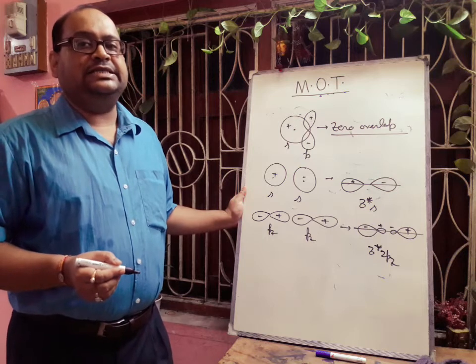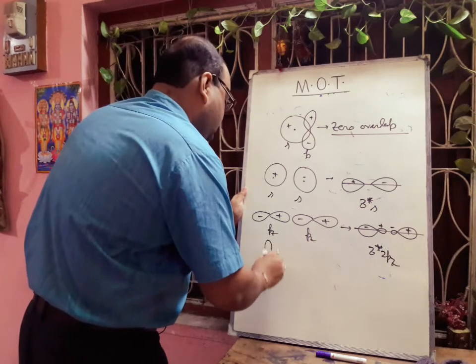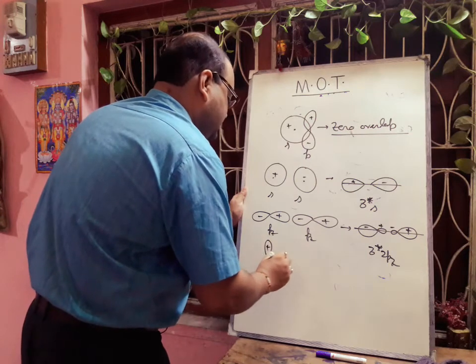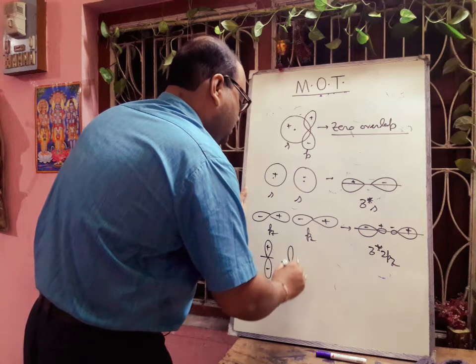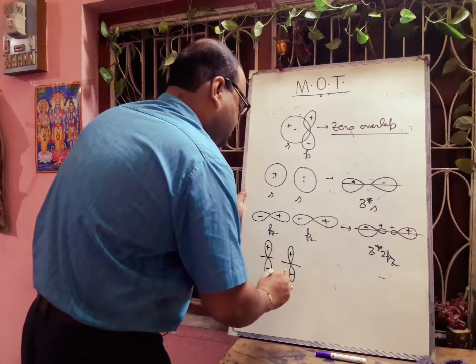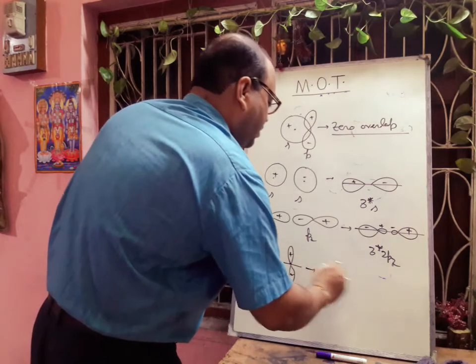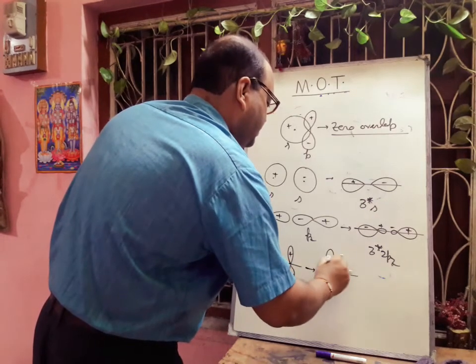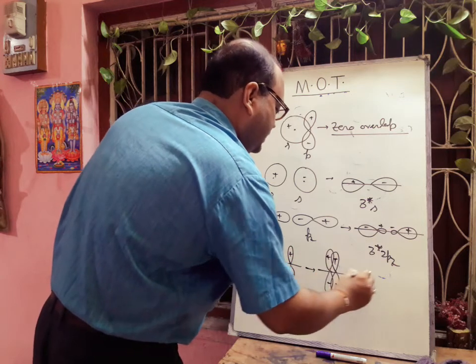Now if there is lateral overlap in the case of p orbitals, this one is plus minus and another p is coming, plus minus. Suppose this one is px and this one is also px. If they combine, what will we get? This is called a pi bond. So plus plus, minus minus.